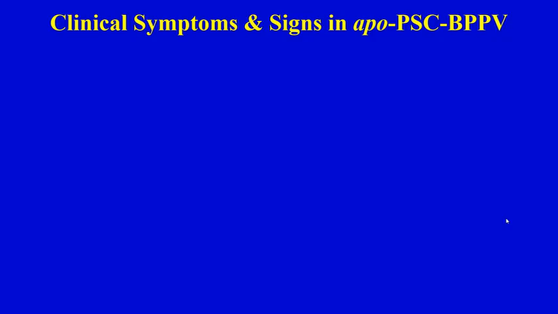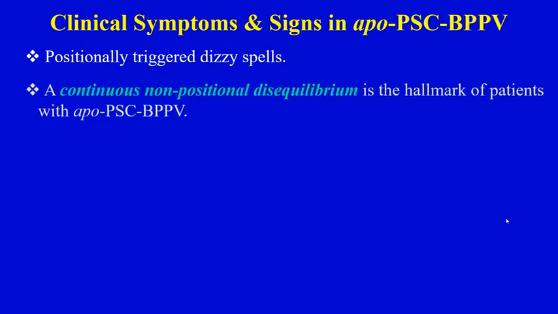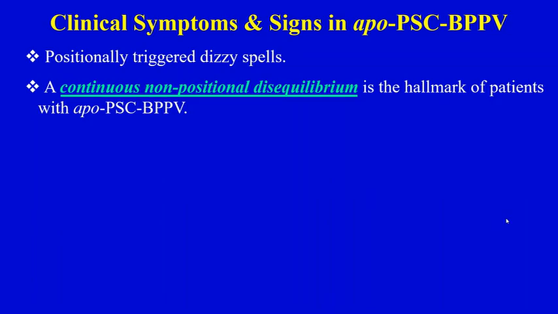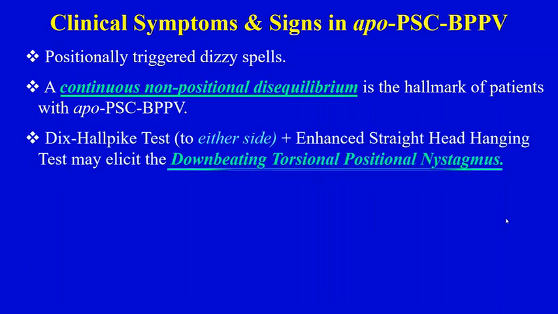So the clinical symptoms and signs in apogeotropic posterior semicircular canal BPPV described by Vannucchi in his series of patients were positionally triggered disequilibrium spells. A continuous non-positional disequilibrium was the hallmark of all patients with apogeotropic posterior semicircular canal BPPV.